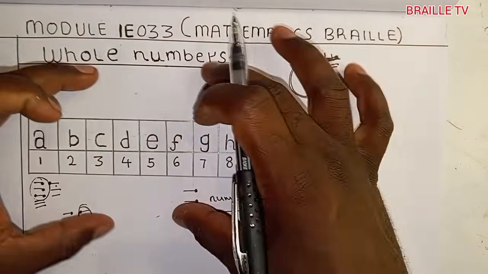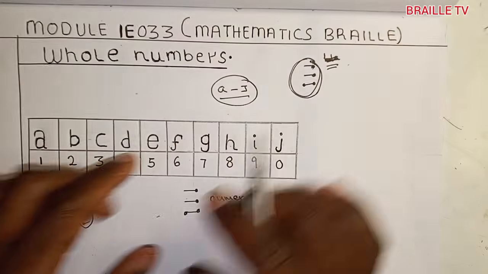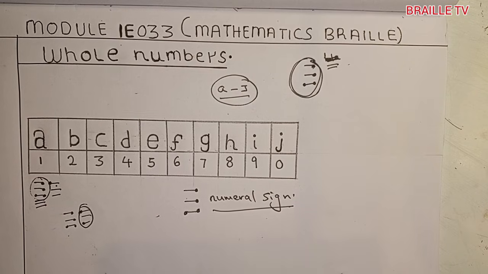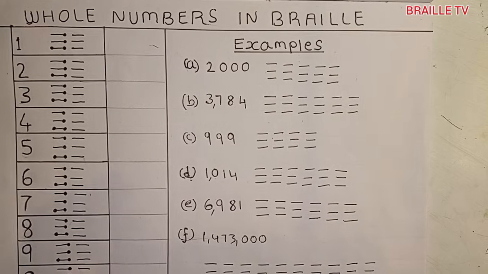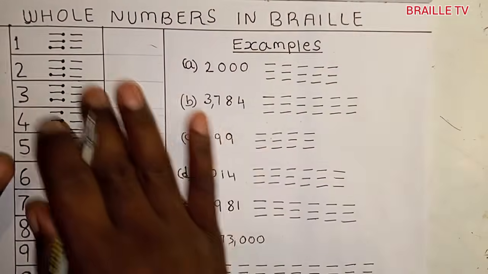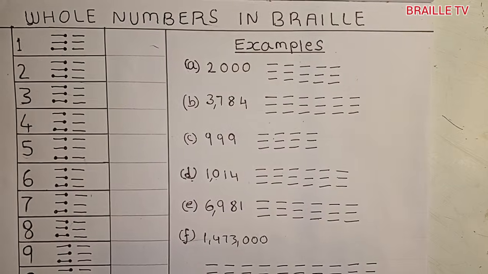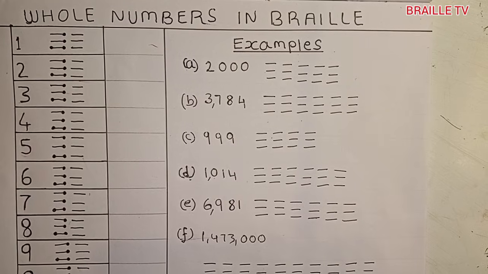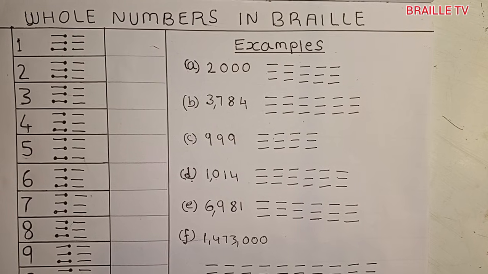Now let me write somewhere. Then we write together with a numeral sign, and then you are going to understand better. Okay, teachers, let us write together here and see how we come up with number 1 up to number 9 and 0. So how do we write in Braille?